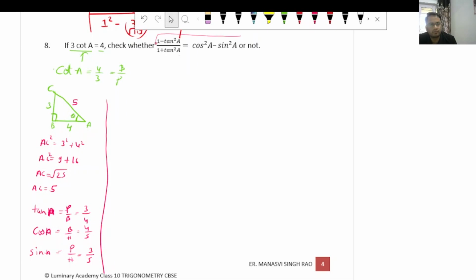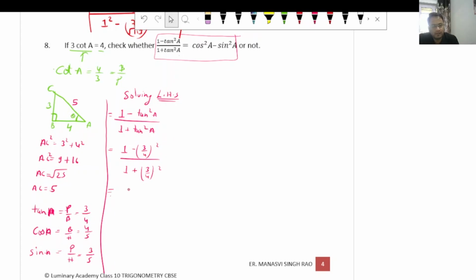Now you need to check the values for LHS and RHS. So you need to check both the sides. First I'm solving LHS, the left hand side, right? So first, (1 minus tan square A) upon (1 plus tan square A). You need to substitute the value here. 1 minus (3 by 4) whole square upon 1 plus (3 by 4) whole square.